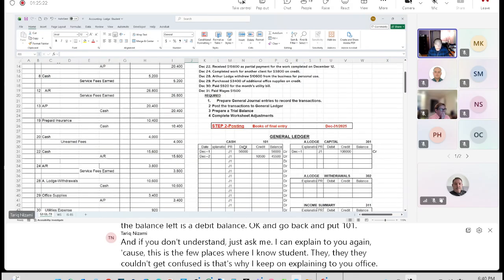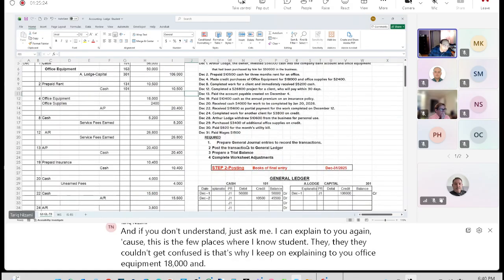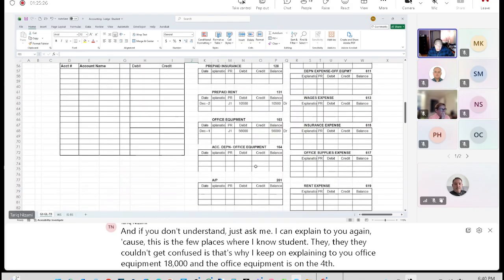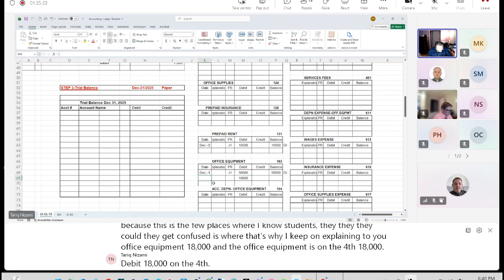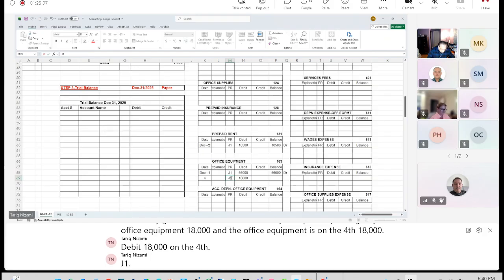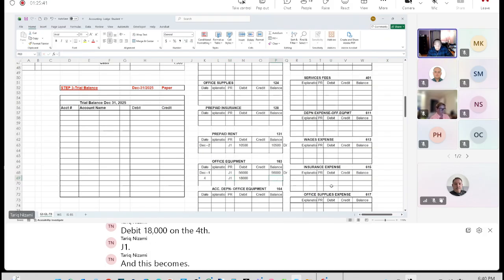Office equipment 18,000, and the office equipment is on the fourth, 18,000 debit, 18,000 on the fourth, J1. And this becomes 74,000. Okay, 8 and 6, 14. And this is a debit balance.